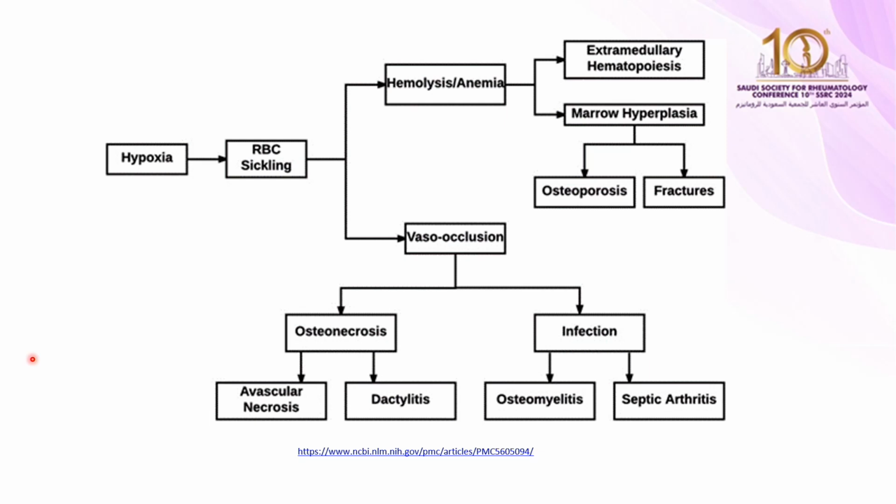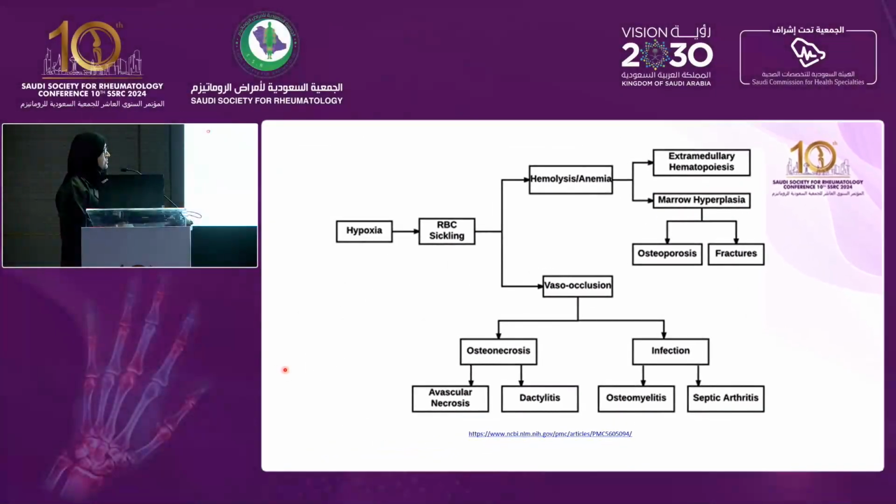The hypoxia will cause hemolysis and anemia, leading to extramedullary hematopoiesis and marrow hyperplasia. This will result in osteoporosis and fracture. Vaso-occlusion can cause severe pain, and this is the main presentation of the patient with sickle cell disease.